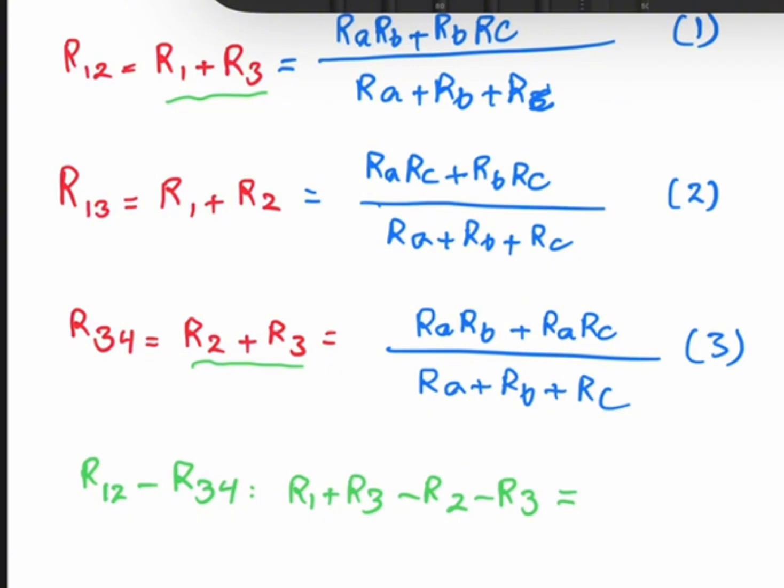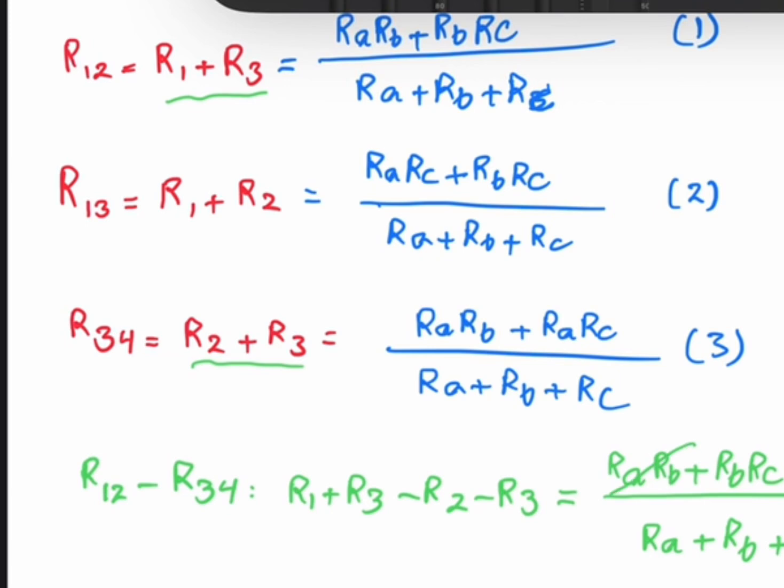And subtracting the third one from the first one on the right hand side, since we have the same common denominator, RA plus RB plus RC, in the numerator I have RA RB plus RB RC minus RA RB minus RA RC.